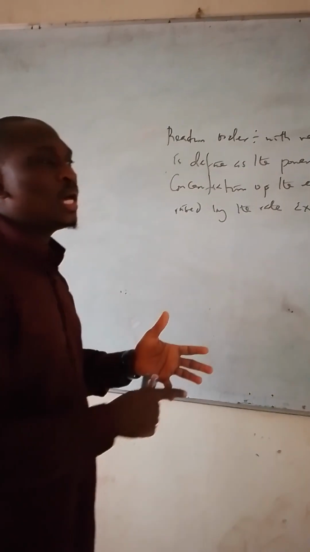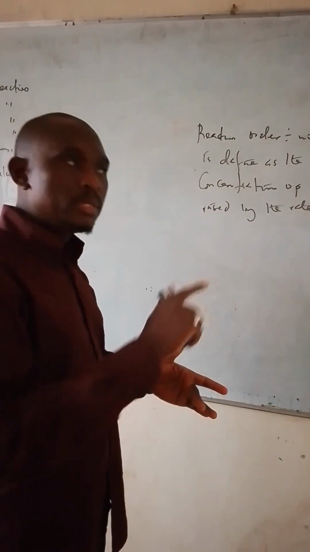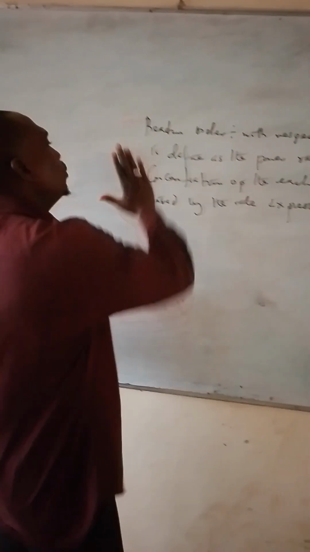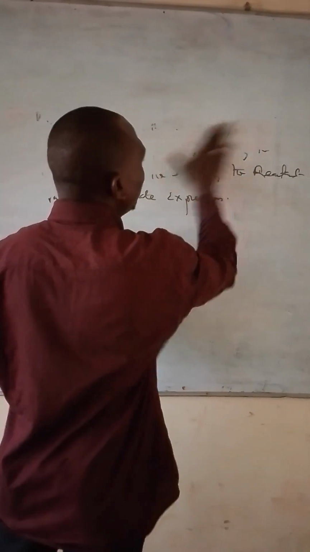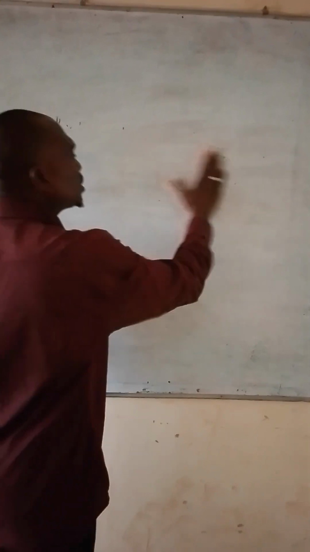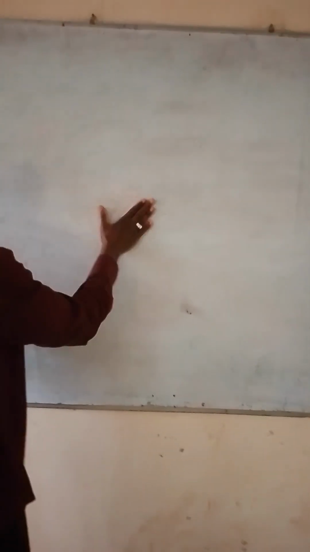We have first order, second order, third order, irrespective of the question being given to us. We can also use it to solve various questions. How are we going to solve equations under reaction order?